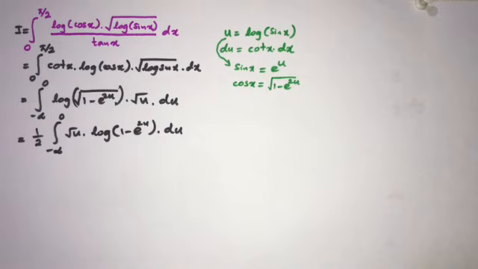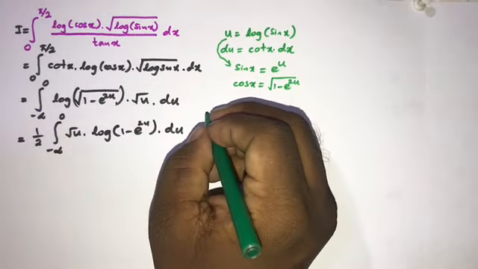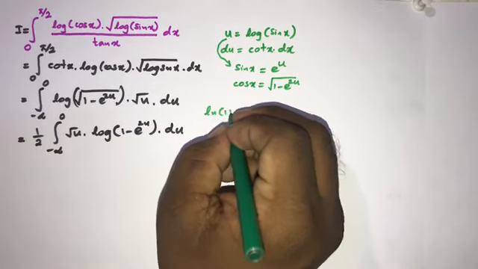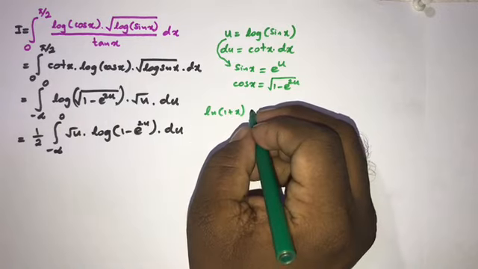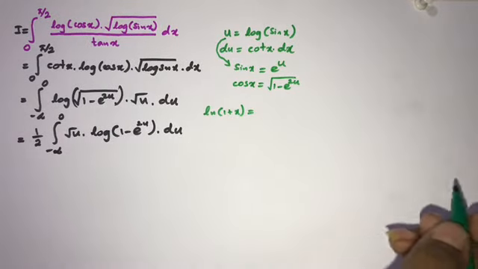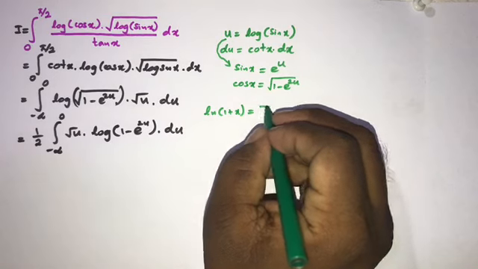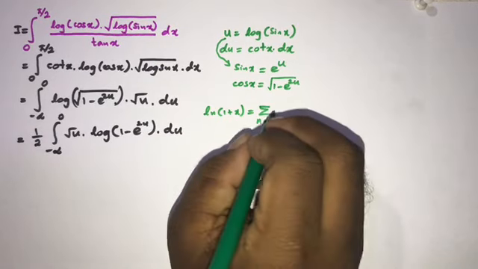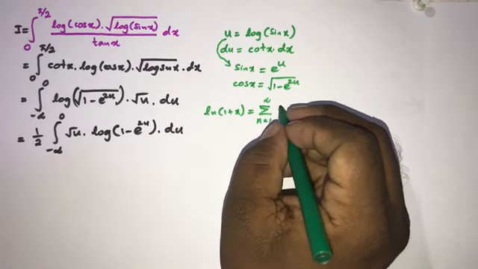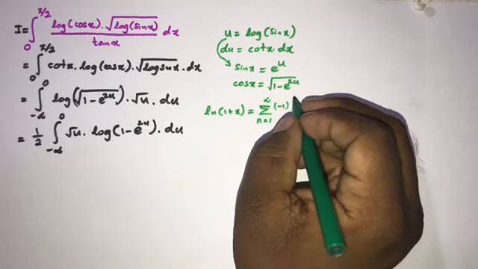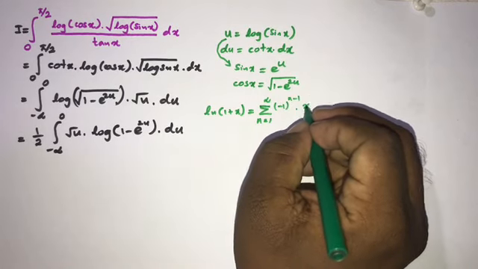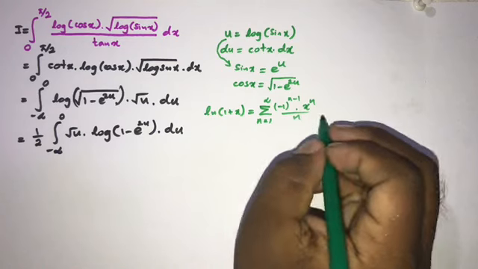Now we know natural log of 1 plus x we can write as a series: the infinite sum from n equal 1 to infinity of minus 1 to the n minus 1 times x to the n over n.